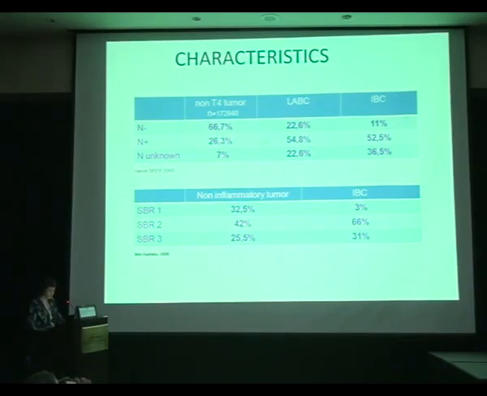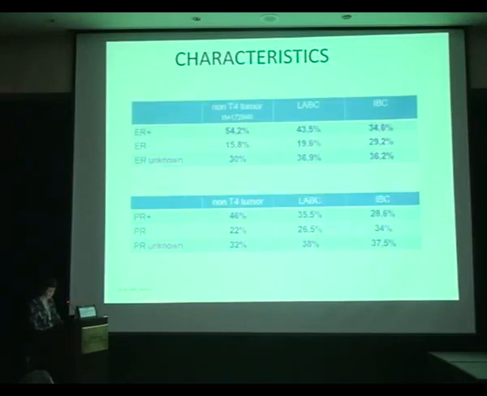In terms of node positivity, in the inflammatory or locally advanced cases you have a higher level of node involvement, but you don't always have the data because the patients don't always have surgery. If you look at the grade, you have a higher number of grade 2 and grade 3 than in a general population of ductal carcinoma.